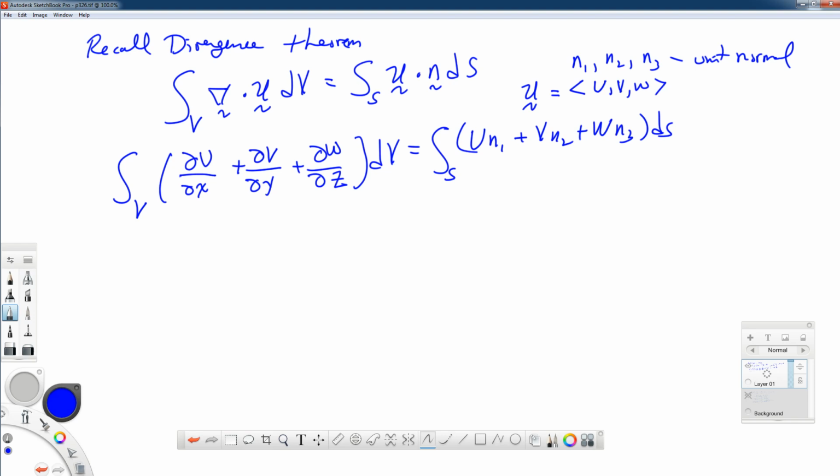Now there's something else about the divergence theorem that we're going to draw upon, and that's when, instead of the component U being just the function U, whatever that is, if that U was actually the product of two other functions, we can write the divergence theorem a little bit differently.